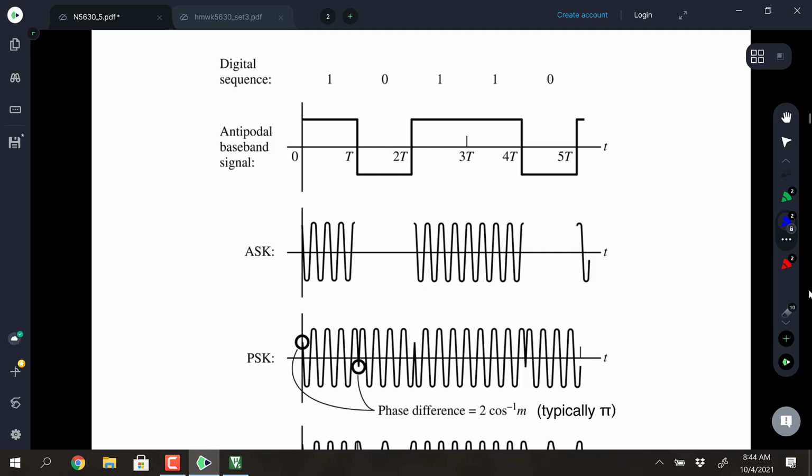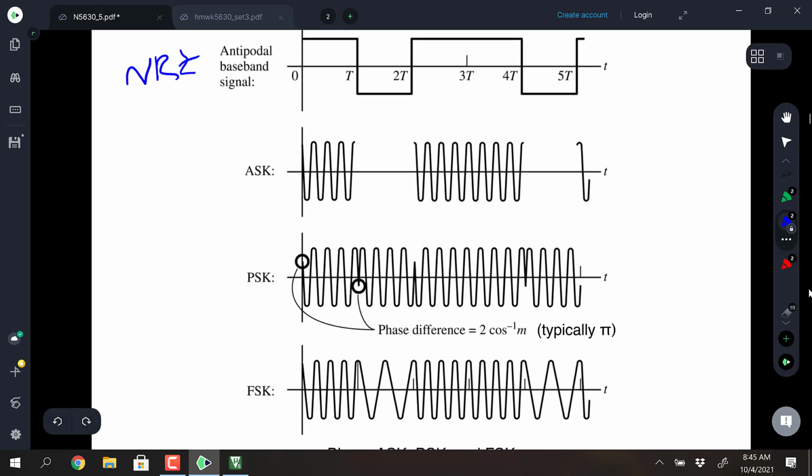So antipodal baseband waveform, which could also be called NRZ baseband, NRZ being non-return to zero. And if it's amplitude shift keying, simple on-off keying, we'd send a carrier waveform when it was a 1, and we'd send nothing when it's a 0, and so on.